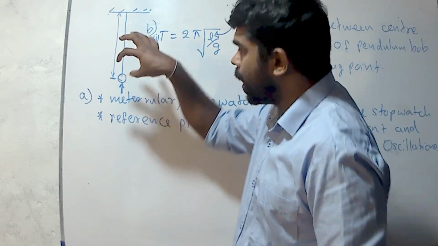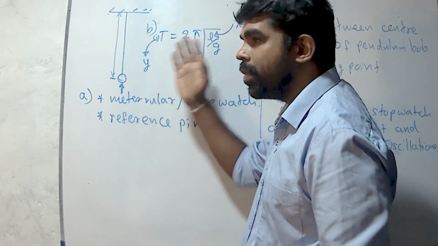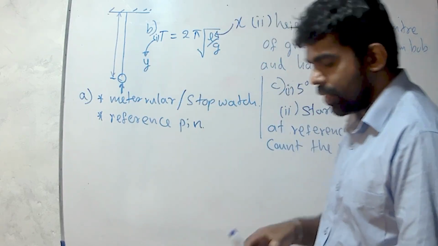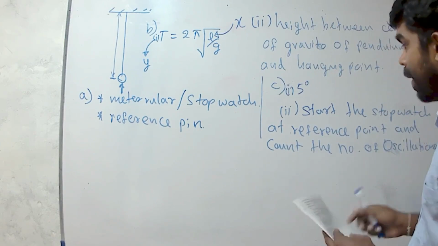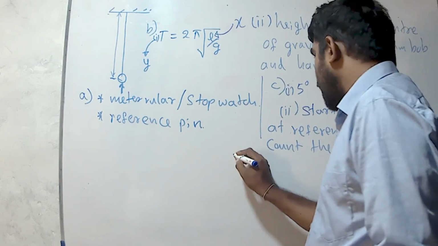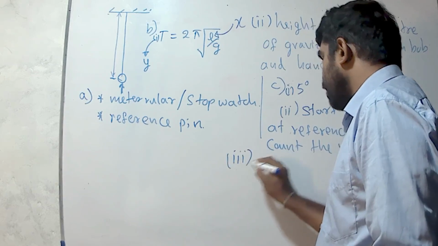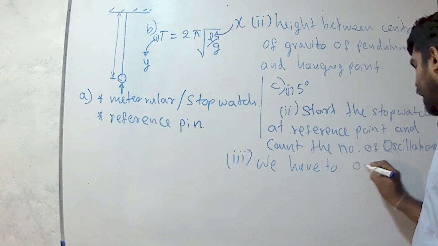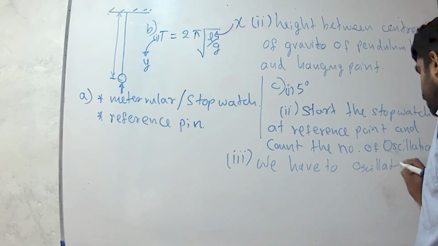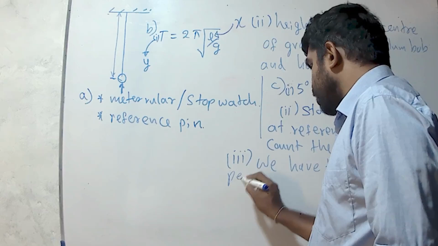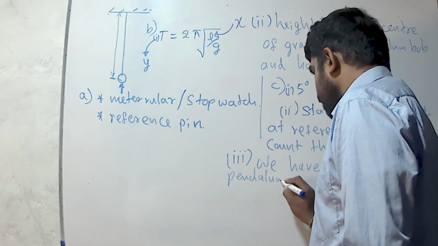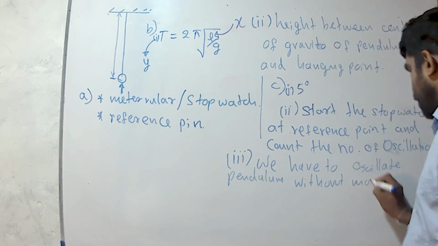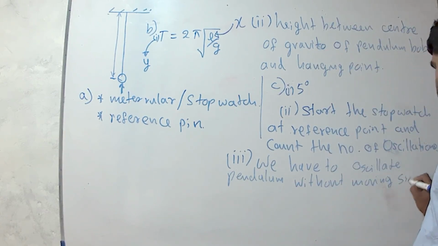We have to oscillate the pendulum only in this direction without sideways movement. Then we can write the answer for part 3: oscillate the pendulum without moving sideways.